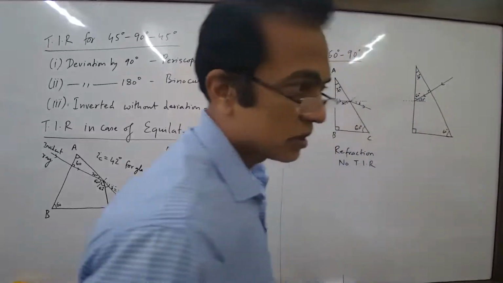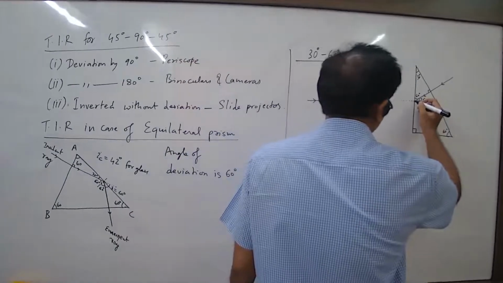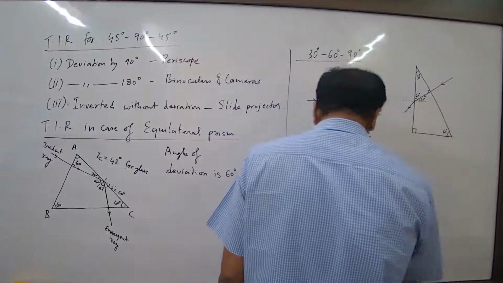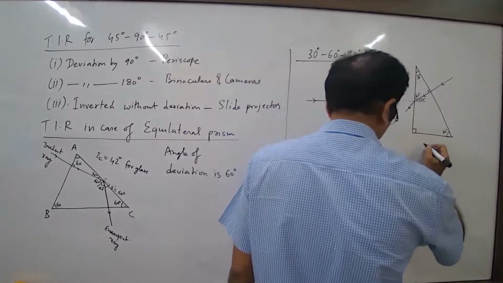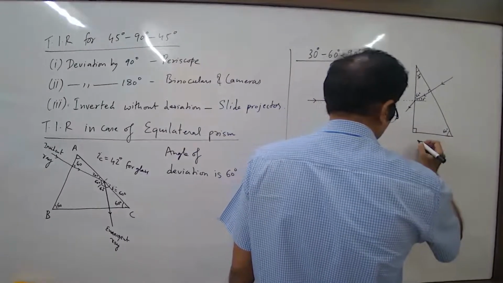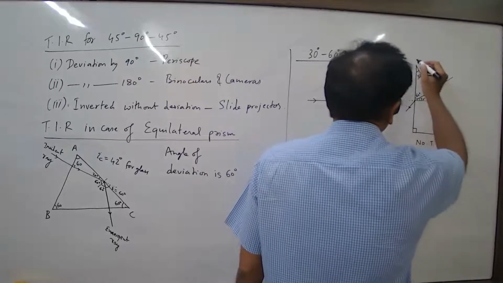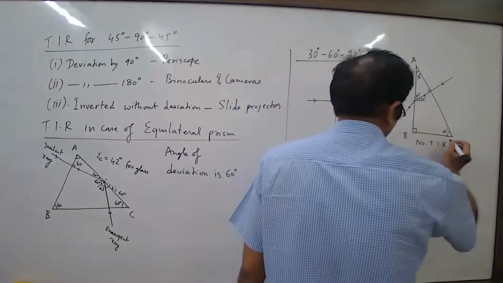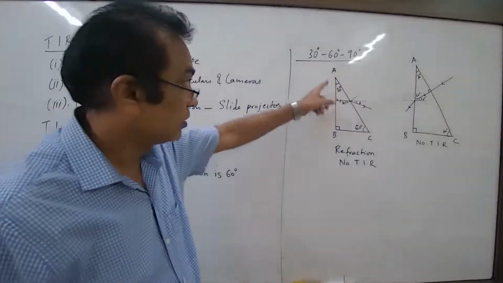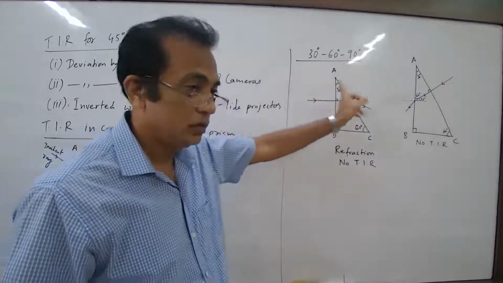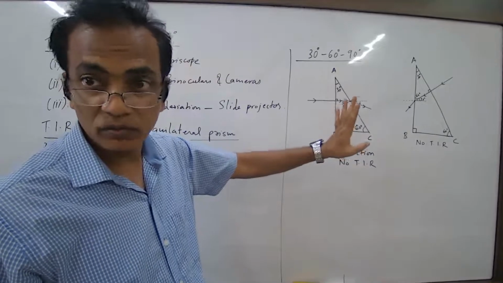So again it is less than critical angle. So it will be just refracted. Okay, so no TIR. So whenever the rays are incident normally on the bigger length of the prism, there is no TIR. This is how you have to remember it. Okay.